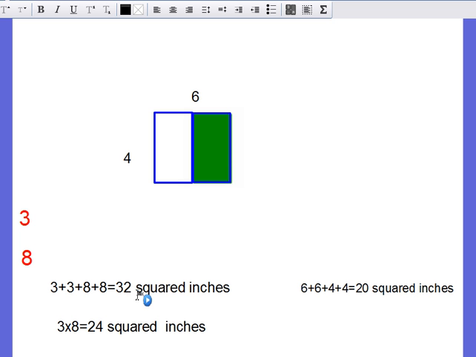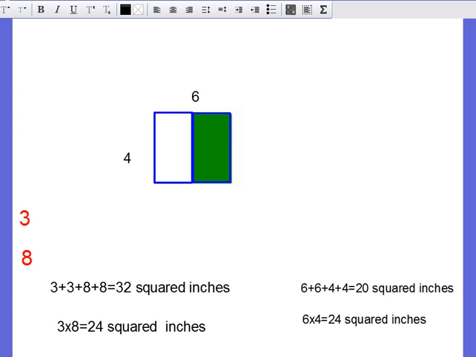My perimeter got smaller when I moved it like that. Did my area get smaller? Stop the tape, figure out the area. I got 24 square inches. My area stayed the same.